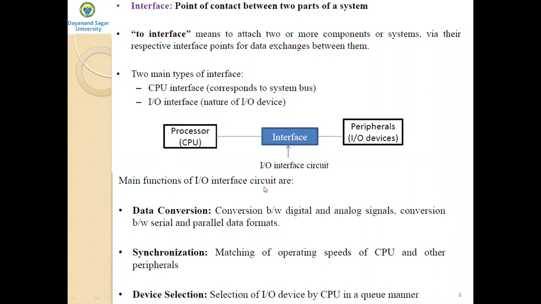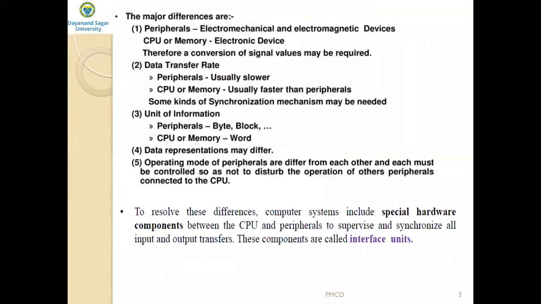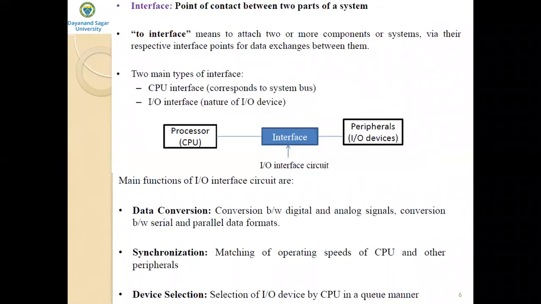So these I/O modules are designed to perform these data conversions. Another function performed by this I/O interface circuit or I/O module is synchronization. As I said, I/O devices are slower when compared to the CPU or the memory. So we need a synchronization mechanism for transfer of data between the CPU or memory and the peripheral device. Synchronization refers to matching of the operating speeds of the CPU and the other peripherals.